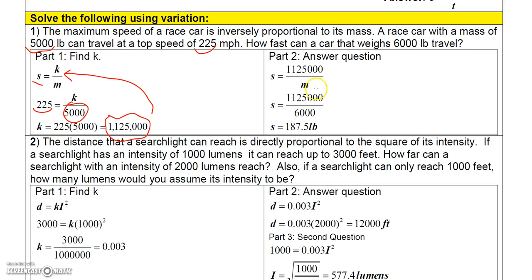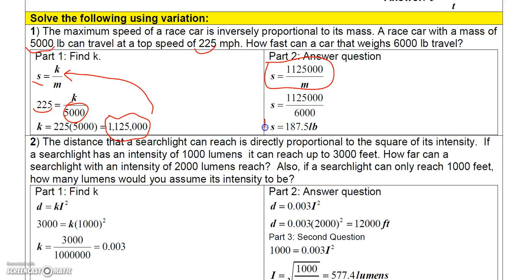So now that I know my K, I can go back to my original equation and plug it in here, and that would give me an equation with my K entered. And from that, I can now answer the question that it asks. It says, how fast can a car go that weighs 6,000 pounds? Okay, so I put in 6,000 here for M, and so the speed would be 1,125,000 divided by 6,000.